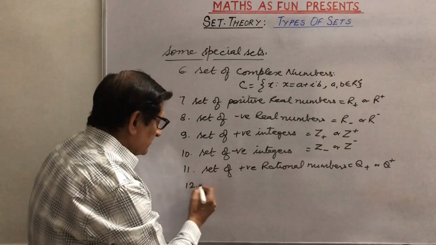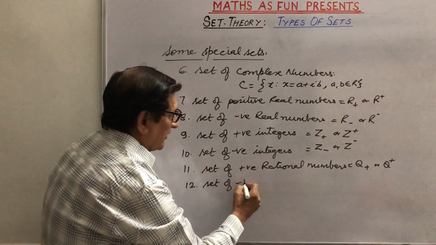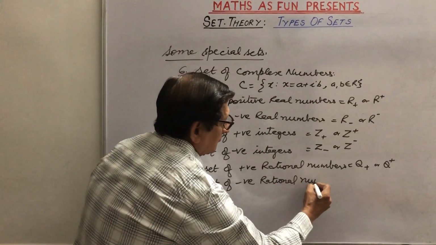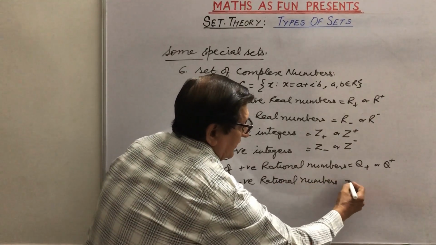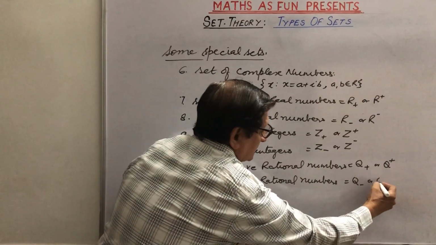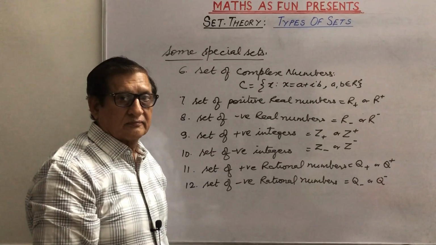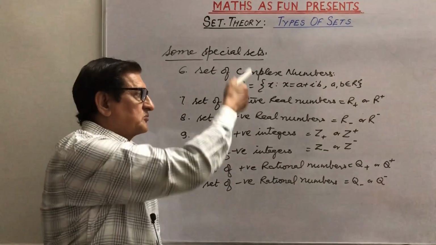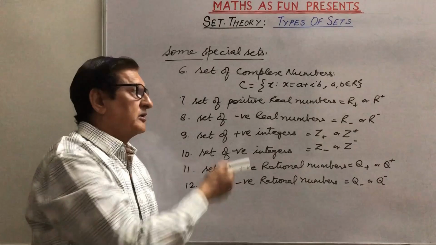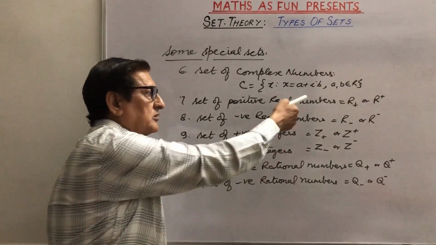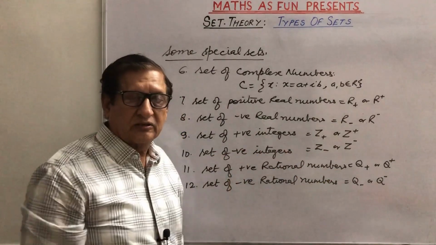And the last one is the set of negative rational numbers that is represented by Q minus. So these are some of the special sets we have, and in case we want to represent only the positive part of it or negative part of it, that can be represented like this.